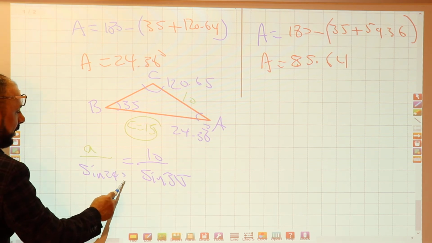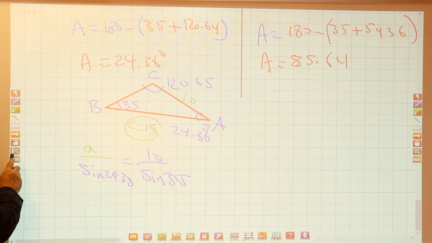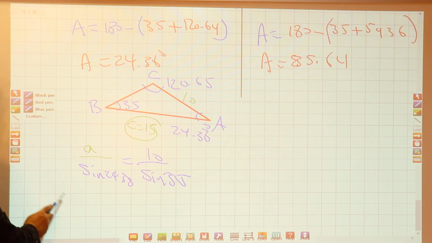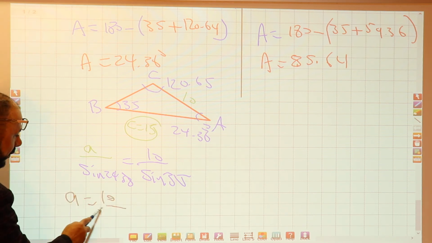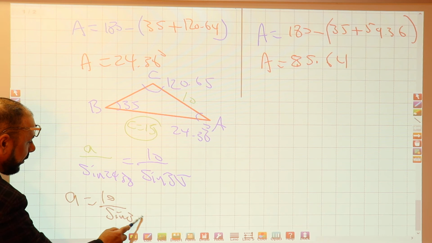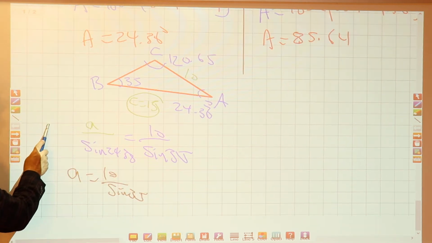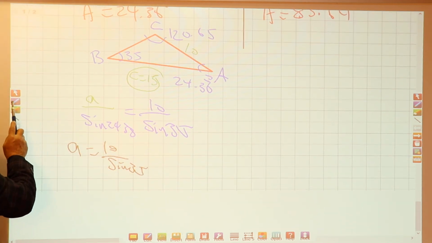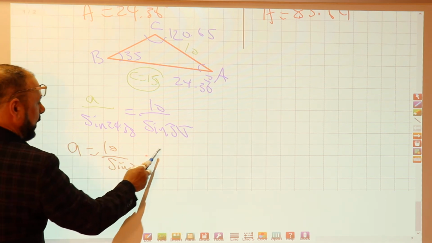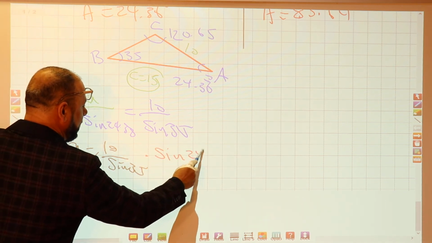Now A equals 10 over sine 35 times sine 24.38, you cross multiply.